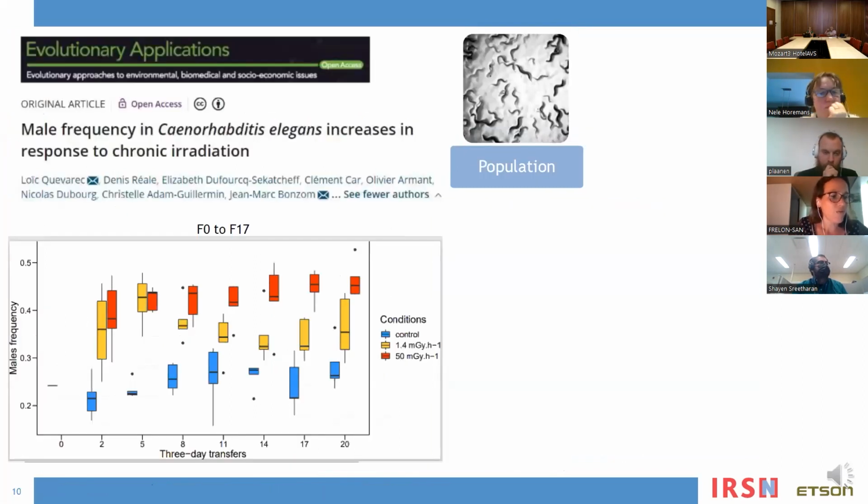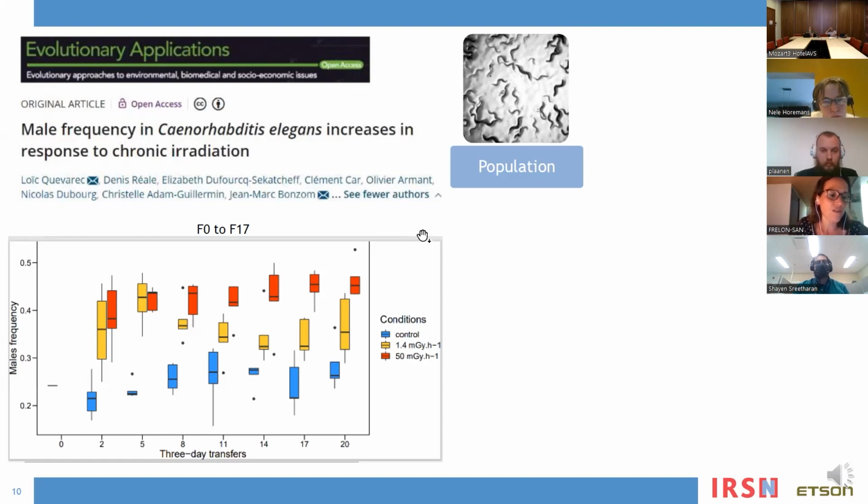But another experiment from our lab, recently published, shows that the population adapts itself. Indeed, chronic exposure of the 17th generation of C. elegans mixed strains and mixed stages to 2 dose rates of gamma rays shows that the population adopts a strategy to counteract the loss of spermatocytes previously demonstrated in hermaphrodites.